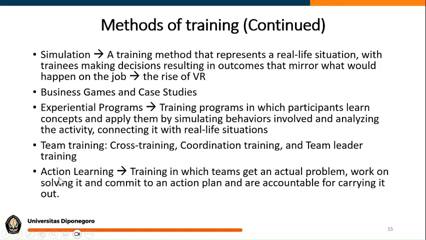The last method of training is action learning. The idea of this training is that the organization will form a team, and then that team will be assigned an actual problem of the organization, and you will be required to solve that problem and be committed to implementing your idea to resolve it.